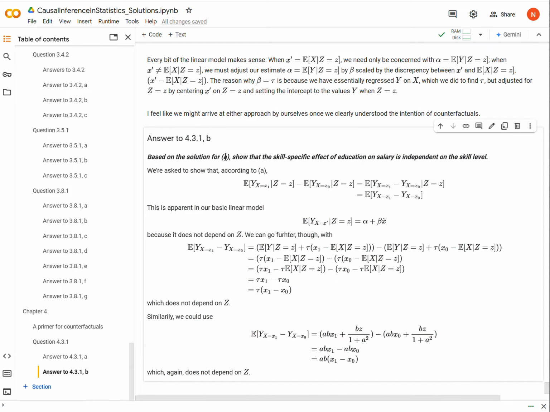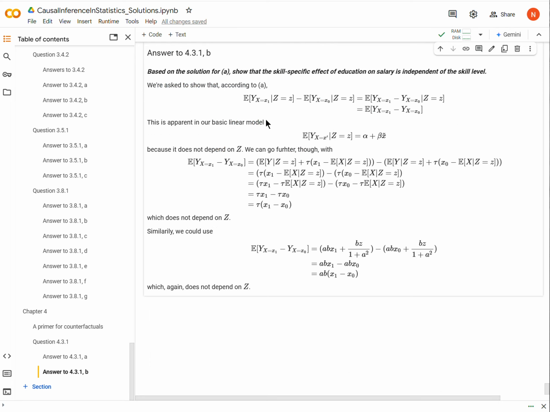So, based on your solution for A, show that the skill-specific effect of education on salary is independent of skill level. Well, the skill-specific effect is, let's just look at it here. It's the expected value of y when x is set to x1 when z equals little z, minus the expected value of y when x is set to x naught when z equals little z.